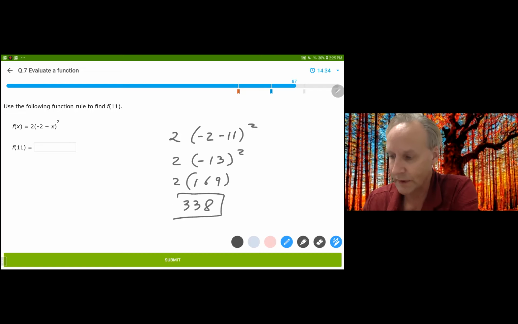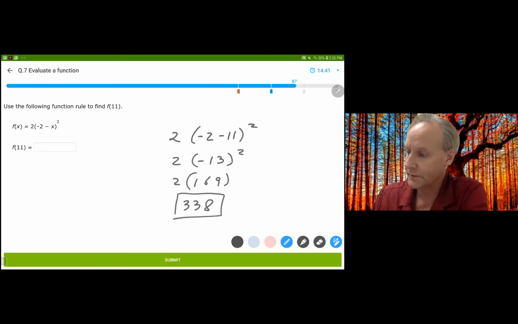Ooh, made a mistake right away. I was thinking of 12 for some reason. That is the correct answer. Notice that I had that negative square business going on again. Watch out for that.